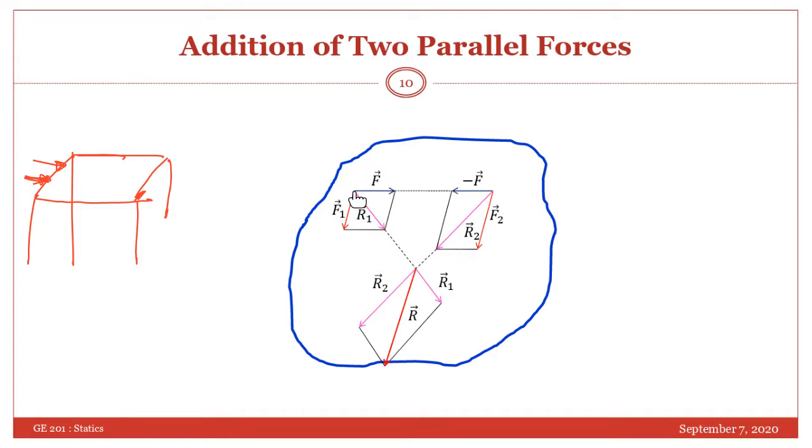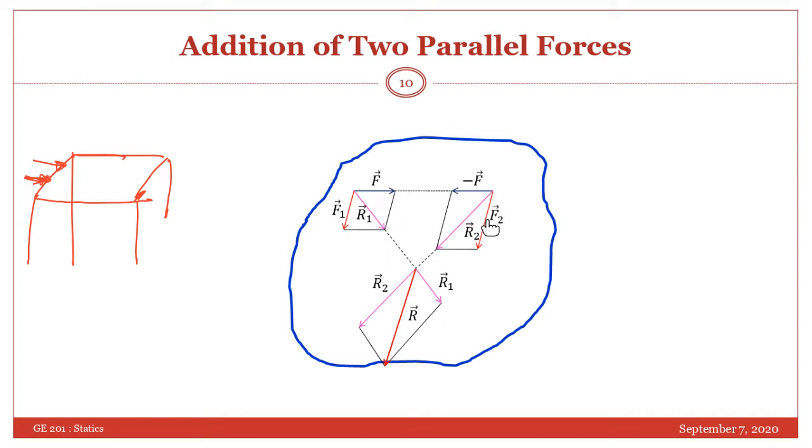So what you do, you will apply two imaginary force vectors F and minus vector F in the same line, so that the total force is zero. So you are not adding anything, in fact. Now apply the law of parallelogram between this and this force and get the vector R1.